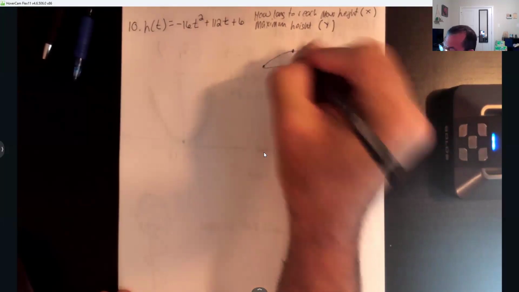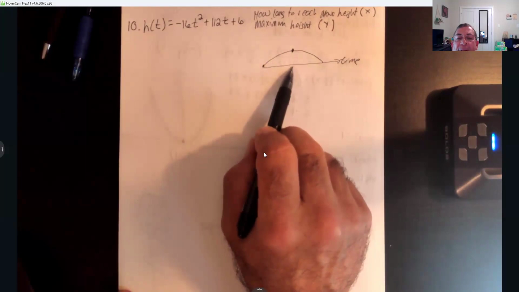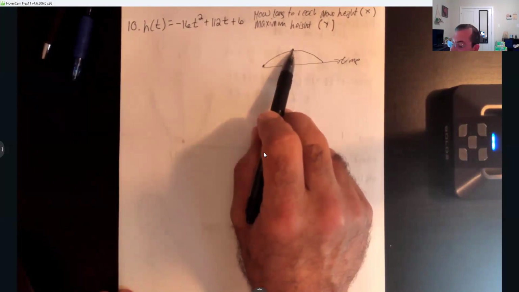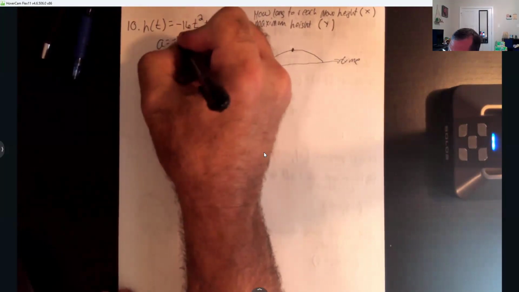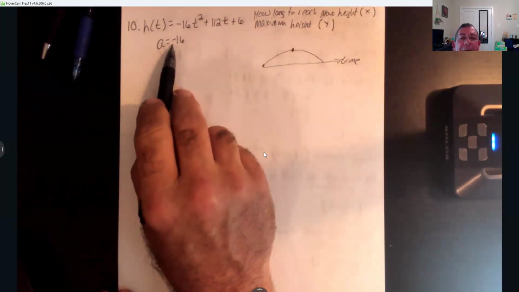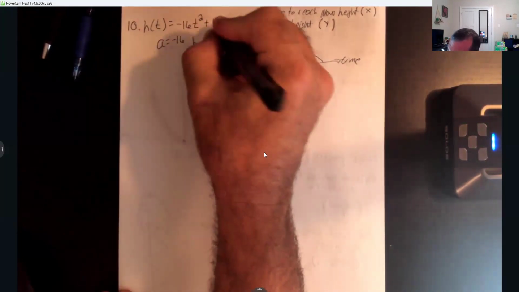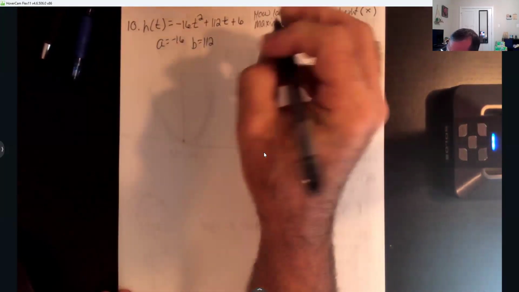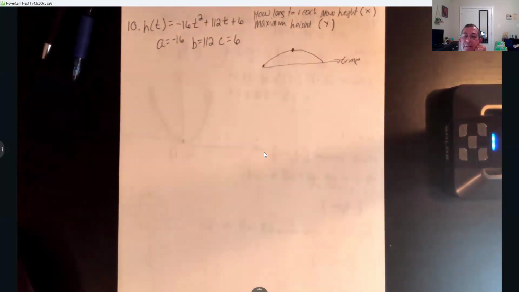So this is what we're looking for: how long it took to get here on the x's, and then what was that maximum height. For us, our a will be -16. That's negative, which is why we got a maximum. b is 112, and c equals +6.